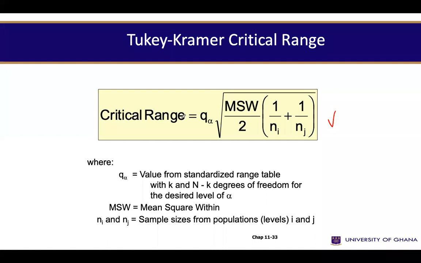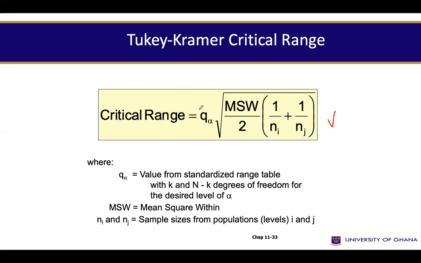Okay, so we are going to have Q alpha. This Q alpha is obtained from another statistical table that we call the Q tables. I'm not going to go through the Q tables for the purpose of this class. If there's a need for you to use this procedure in an exam or whatsoever it is, you would be provided with the value of Q, or you will be provided with a Q table.